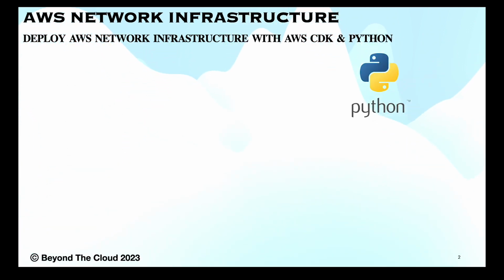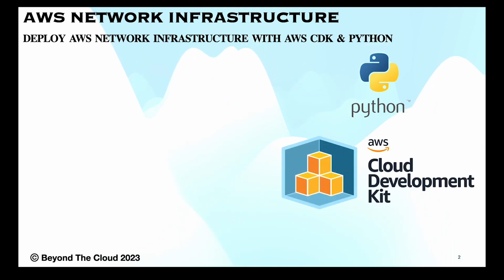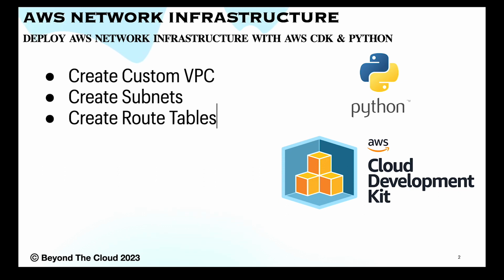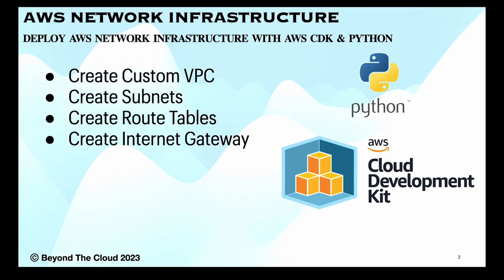We will use Python as a programming language and Cloud Development Kit, CDK, for our infrastructure provisioning. We will create a custom VPC. Also, we will create subnets, and the route tables for our subnets: a private route table for the private subnet, a public route table for the public subnet, and we will create an internet gateway to communicate with the internet.